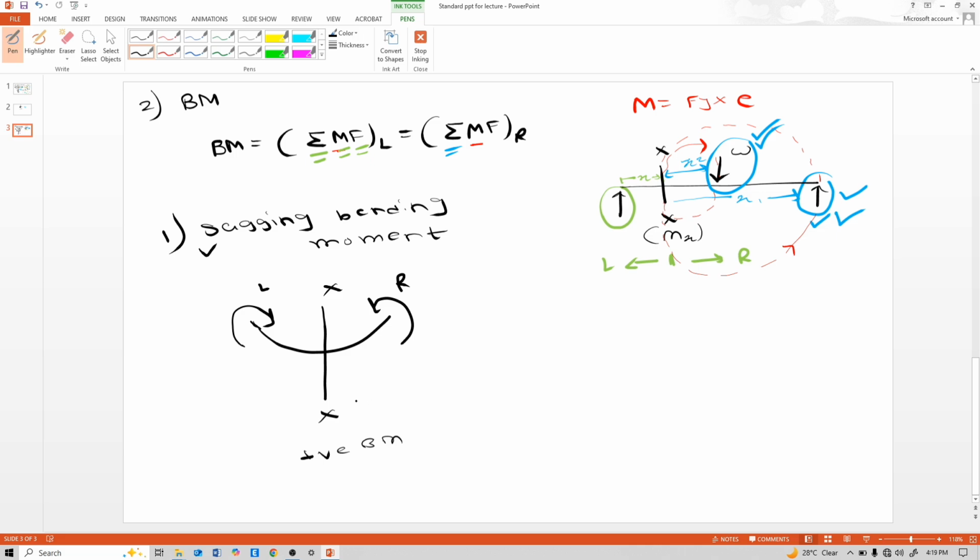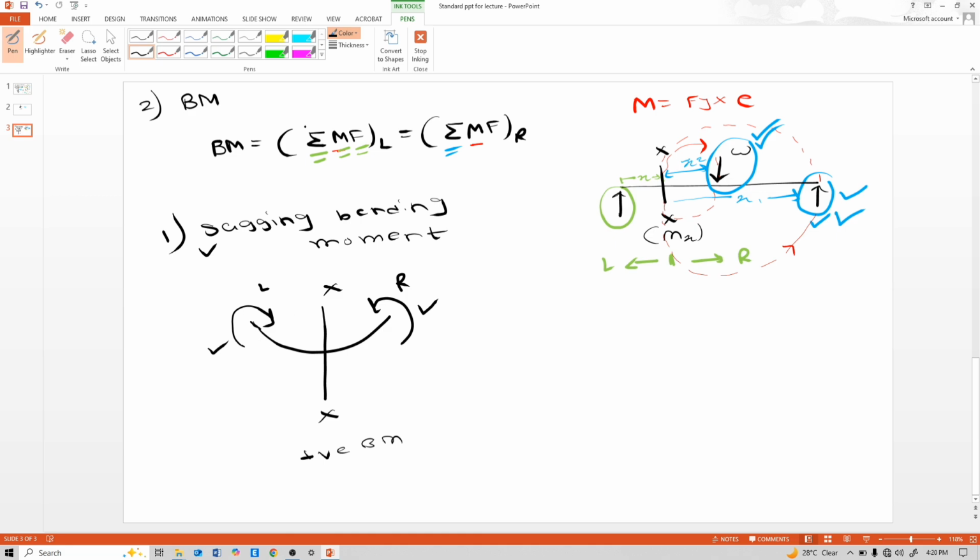When clockwise moment on the left of the section, see this is clockwise, and anti-clockwise moment on the right side of the section is considered as positive bending moment or sagging bending moment. And see, upward force on either side of the section of beams tends to bend the beam so that it produces concavity above the center line of that section.